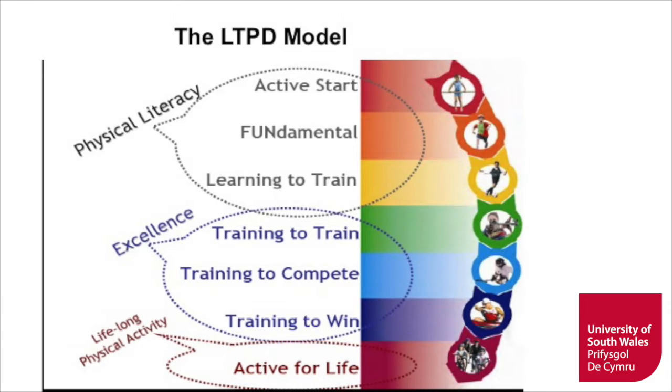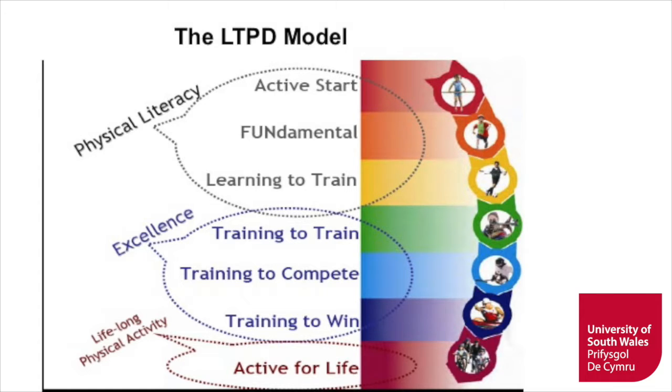These are very much conflicting approaches in the current climate, within research and within industry. When looking at these approaches in journals or books, you'll see them referred to as the multi-sports approach and the early specialisation approach. Looking into the stages of the long-term player development model, which you can see on screen, we're just going to talk through each of the stages.